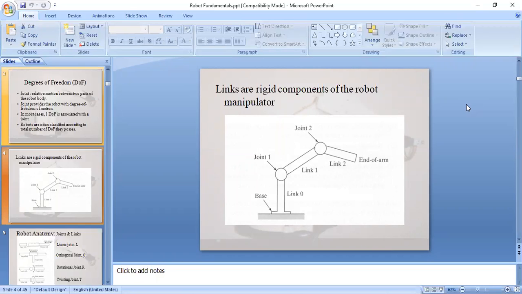And the end portion of the robotic arm, that is the end of arm, is where the robot gripper is connected. So the movement of the robot gripper is controlled by these links and joints, and a control system, drive system, as well as sensors are attached to this robot manipulator.